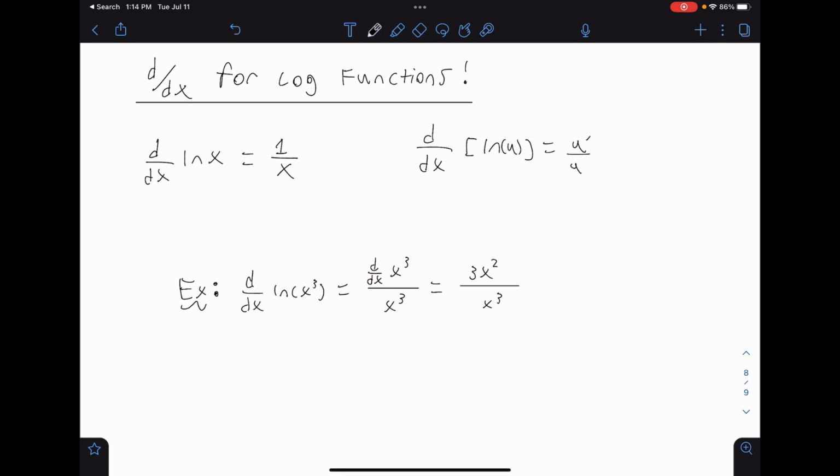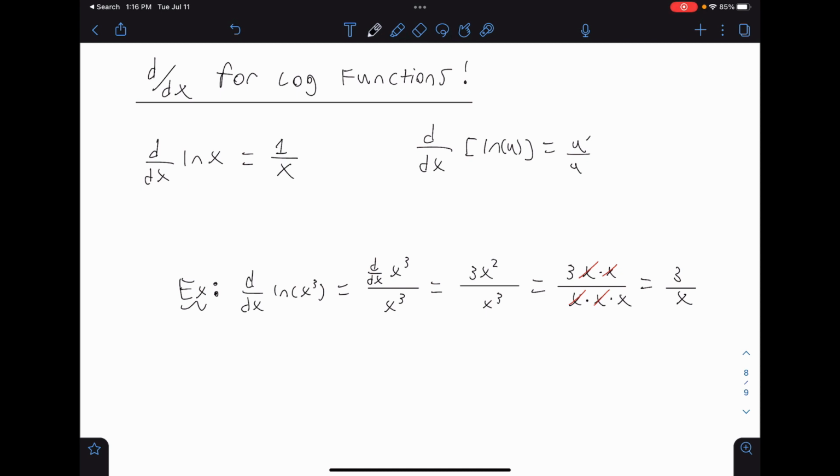Then you can simplify this: x times x times x is down here and x times x is up here, so 2 x's cancel, and you have 3 over x. So that's it. For natural logarithms, you just have u prime over u.